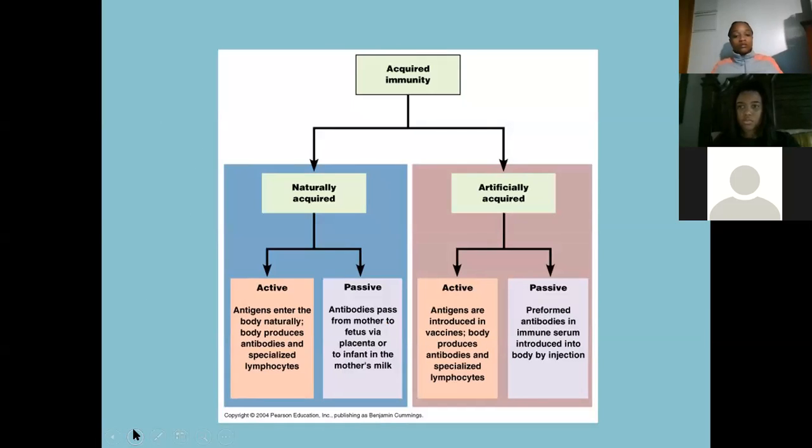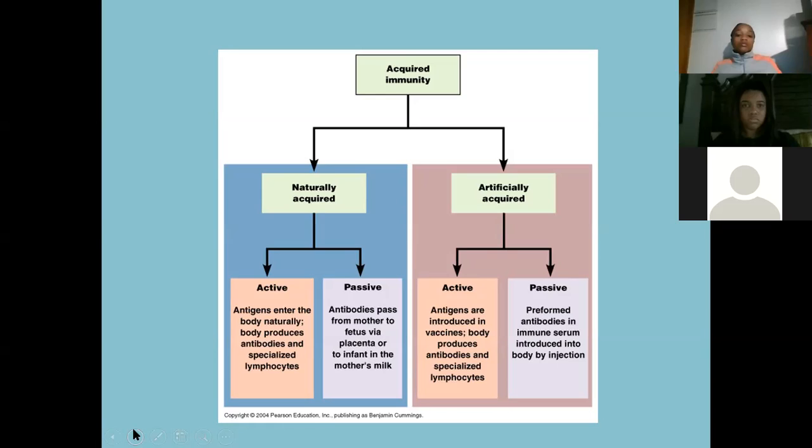So we can have acquired immunity either naturally or artificially. In my example, that was naturally acquired. I was exposed to the chickenpox virus. So it's my personal experience with that virus.